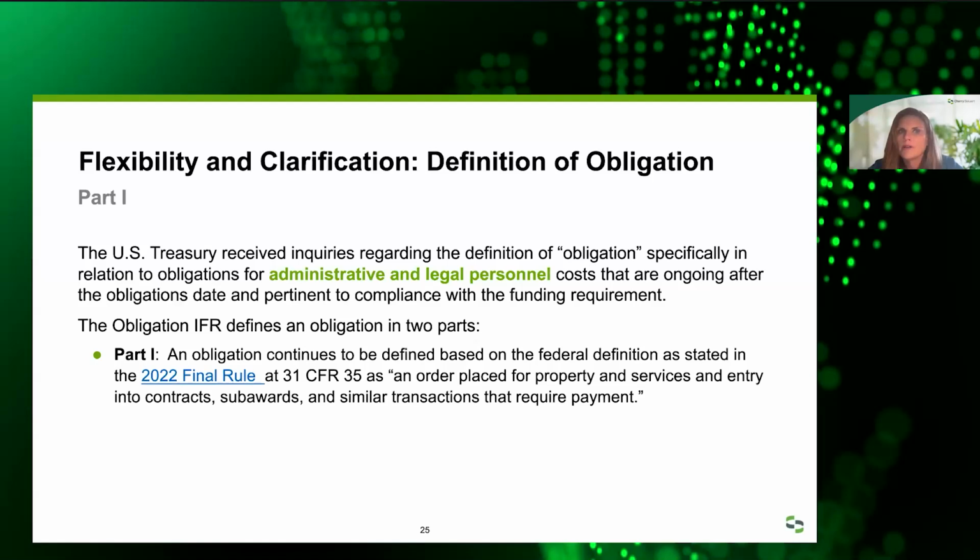So to the part 1 of flexibility and clarification, one of the things I think is really important here, because we're talking about indirect costs, the administration and legal personnel costs, the indirect administration costs can actually be considered obligated.